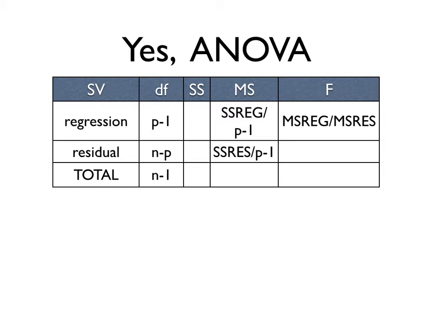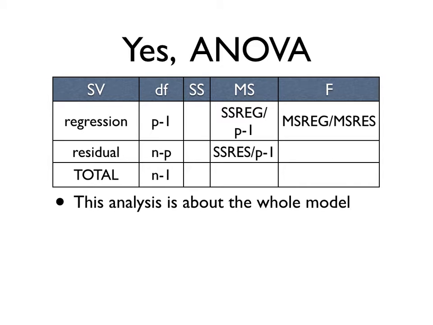Questions so far? It's not that bad. So this analysis is about the whole model. Y hat equals b sub 0 plus b sub 1 x sub 1 plus b sub 2 x sub 2. Let's say we have a 3 variable model, plus b sub 3 x sub 3.